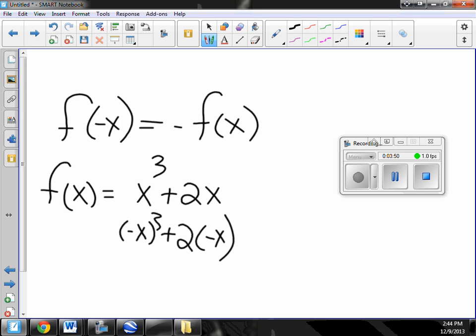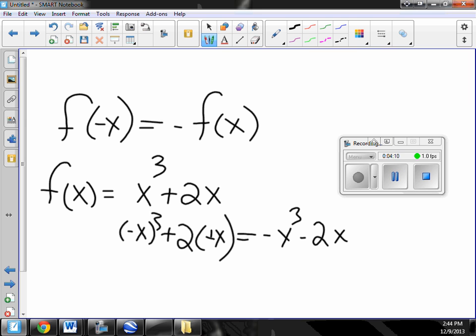Is that the same thing as changing the signs on the outside, negative x to the third minus 2x? Well, it actually is. So I can move a negative inside and out of a third power. Not a square, but a third power I can.